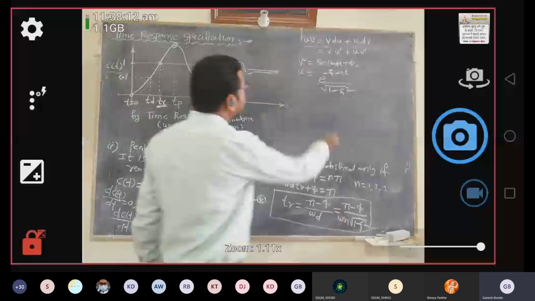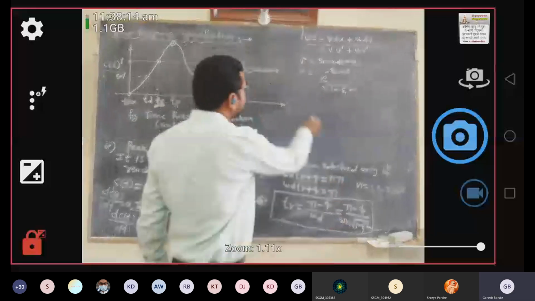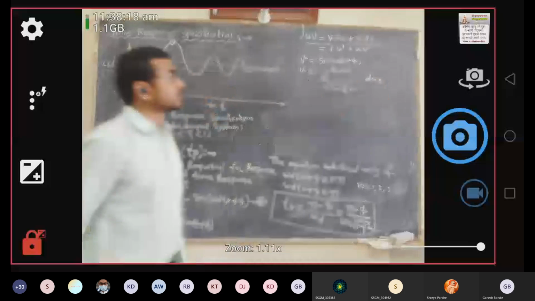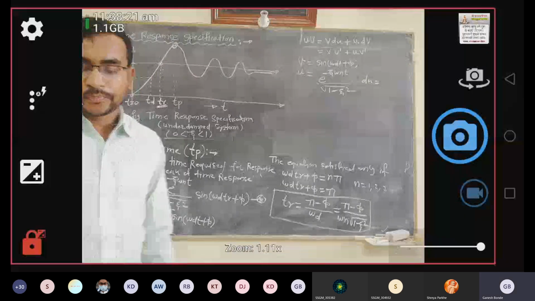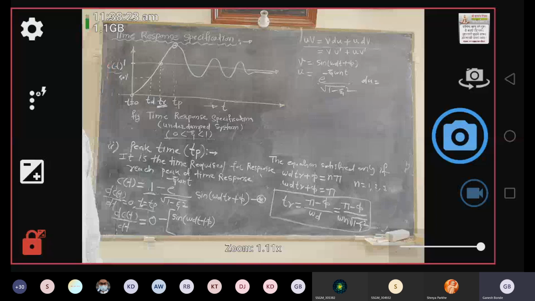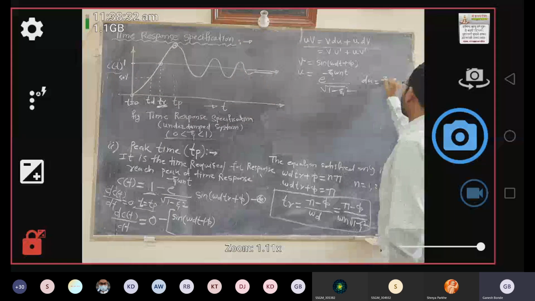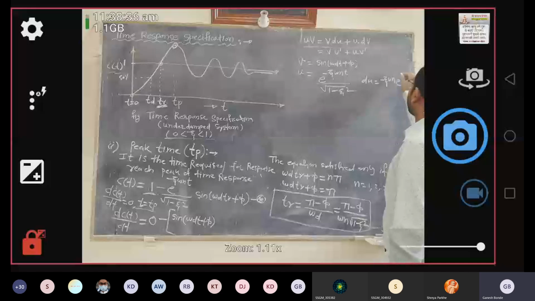So what will be the derivative of this? What is du? What will du be? You just apply the chain rule here. E raised to power minus zeta omega nt, so it will be minus of zeta omega n into e raised to power minus zeta omega nt upon square root of 1 minus zeta square.